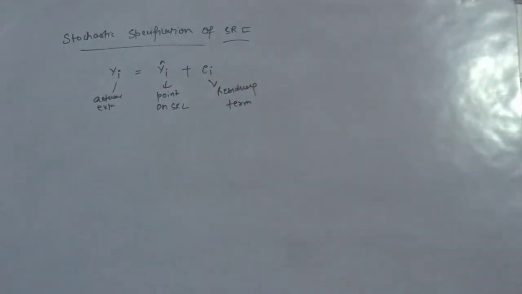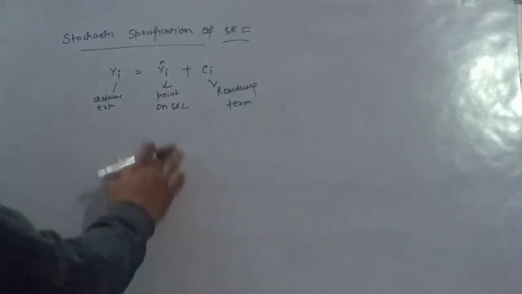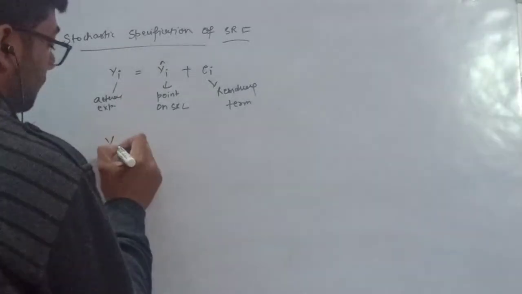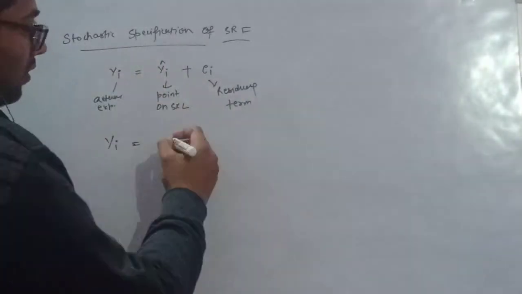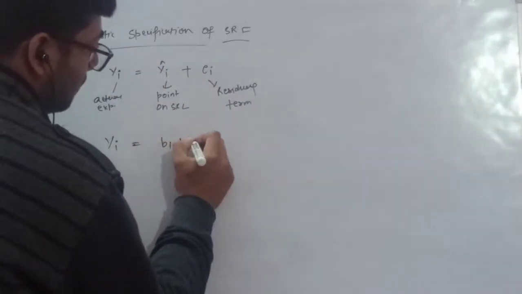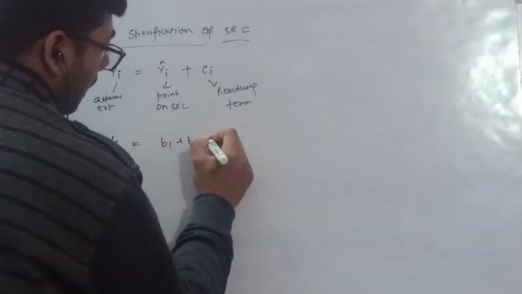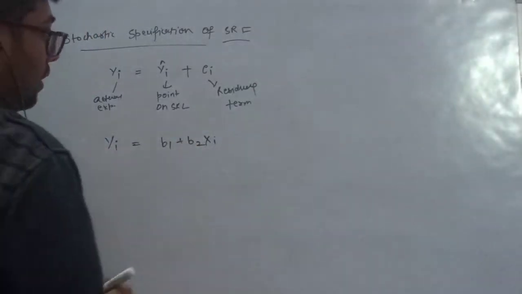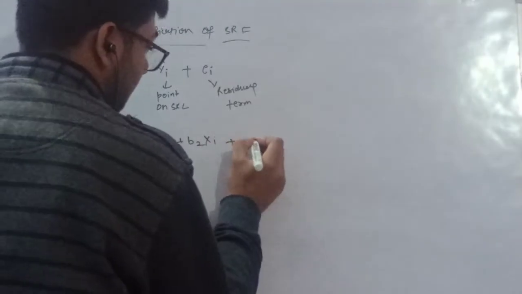Now what is Yi? It is b1 plus b2 Xi and ei as it is.